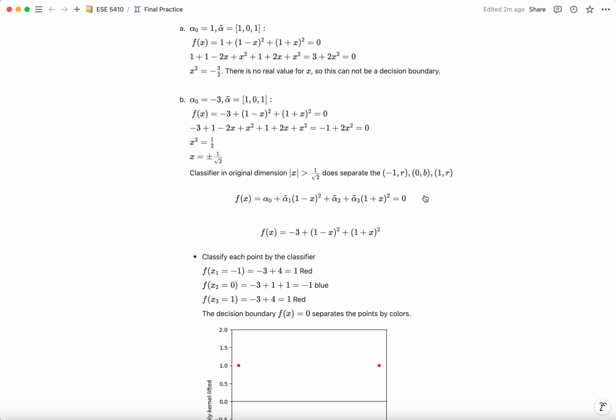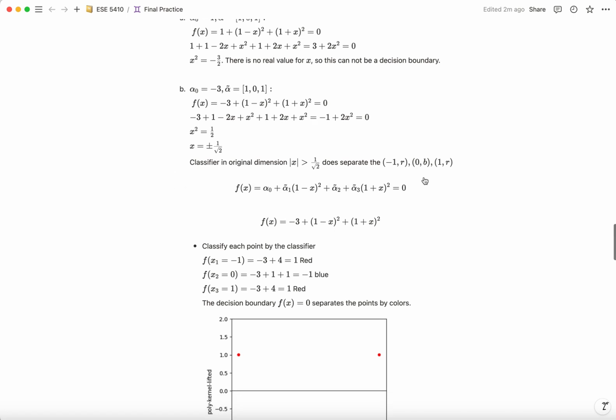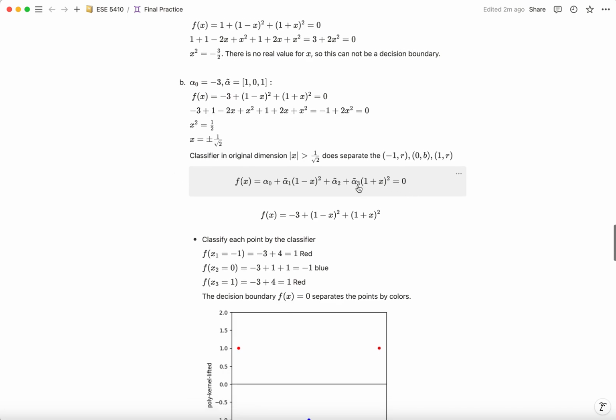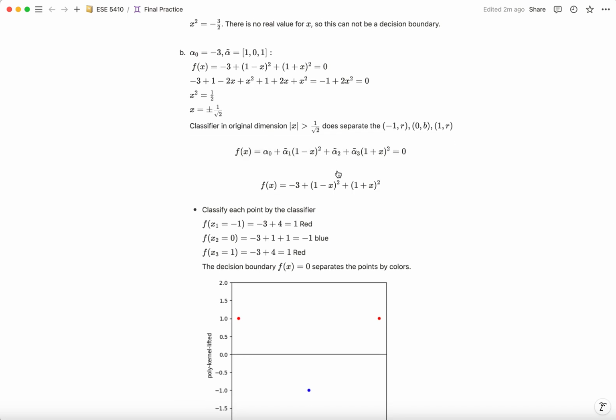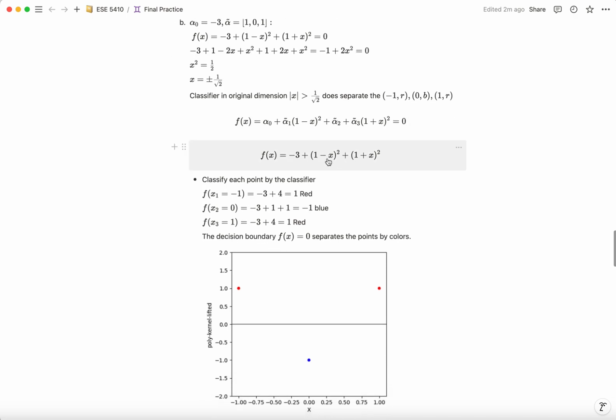But we can take this one step further and actually visualize the classifier in the lifted data space. So again, we have this as our equation with the set of generic weights. And now that we have decided that the weights provided in option B are valid weights, we can just substitute them in this equation, and we end up with this function as our classifier in the lifted space.